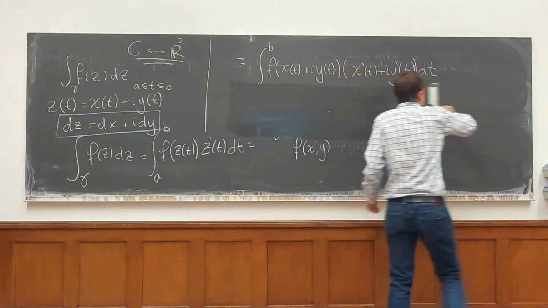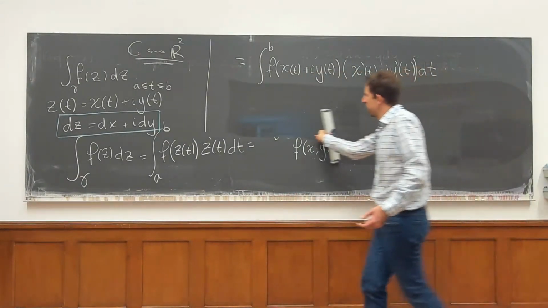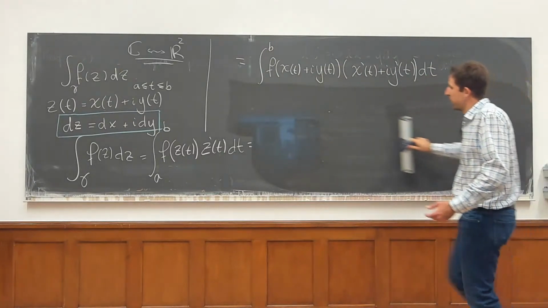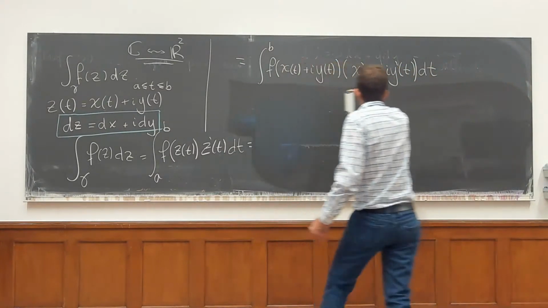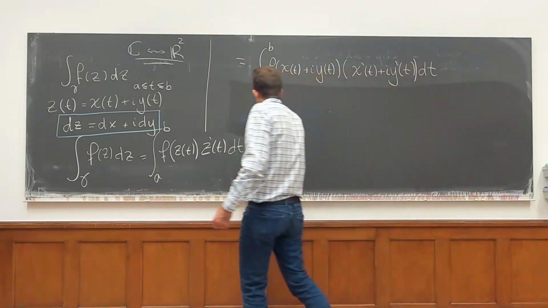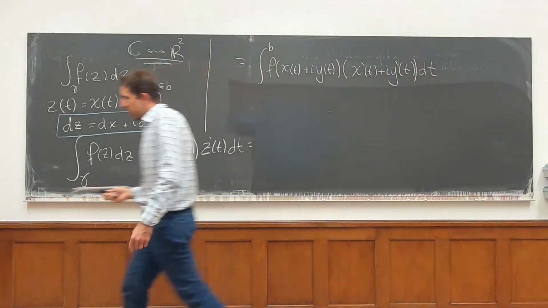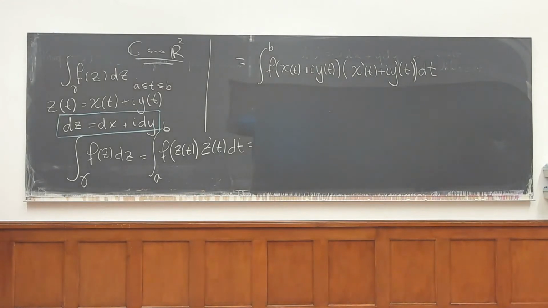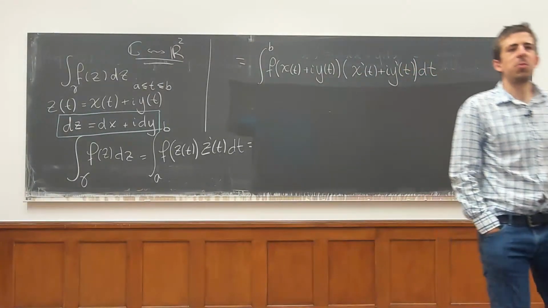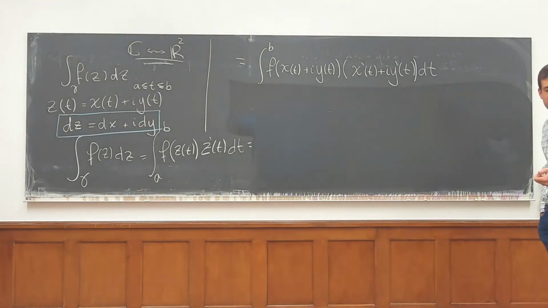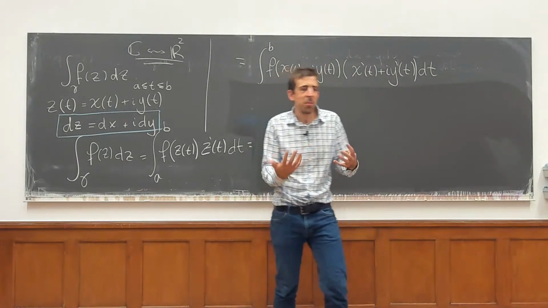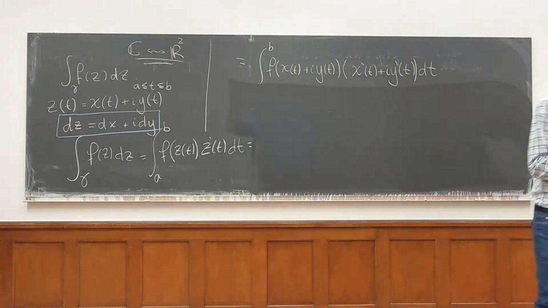When I parameterize the curve, it just means I take the derivative with respect to x, then dt, and the derivative with respect to y, dy. But the way we defined dx and dy was via the conjugate. We defined dz conjugate because we were defining this in terms of things over the complex numbers. But all these definitions are equivalent. You can define them one way and prove that it's the same as the other.